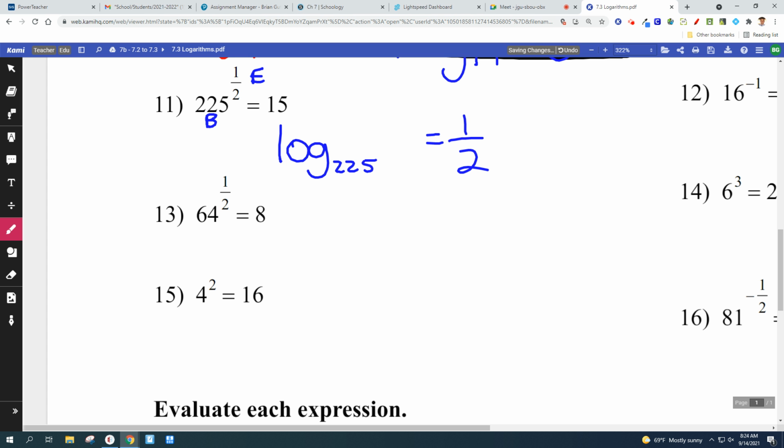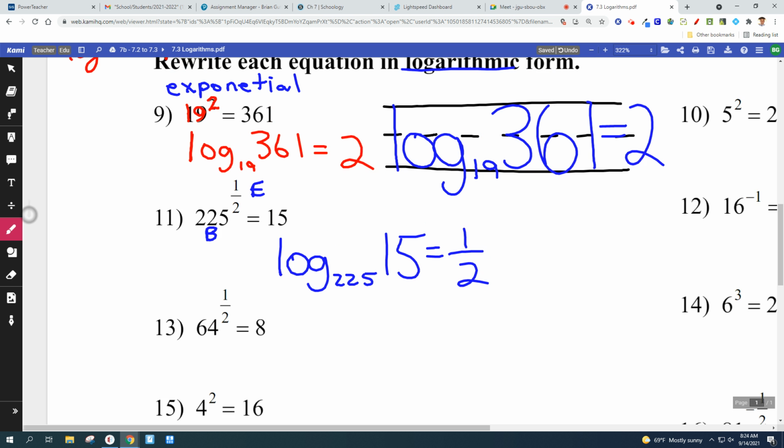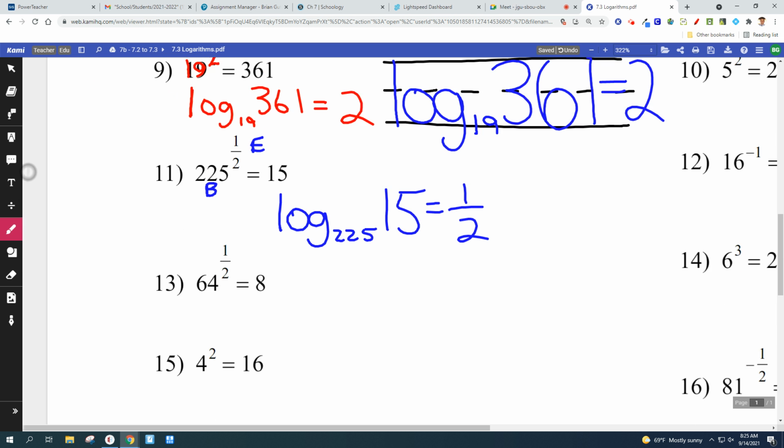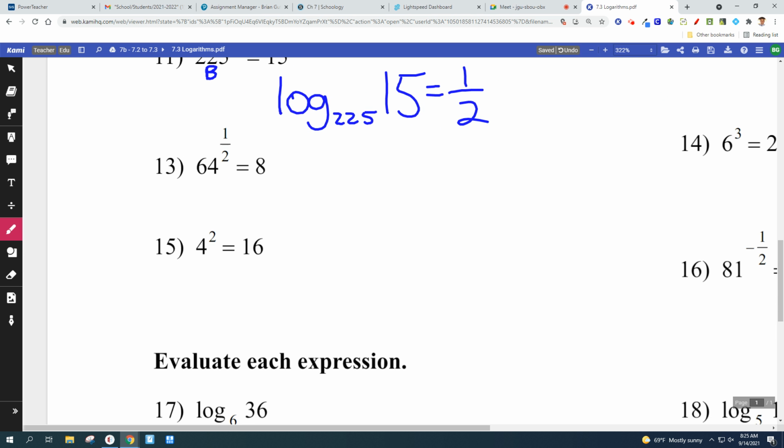Log base 225 of 15 equals 1/2. 13, same thing. Rewrite the equation in logarithmic form. Log base 64 of 8 equals 1/2.